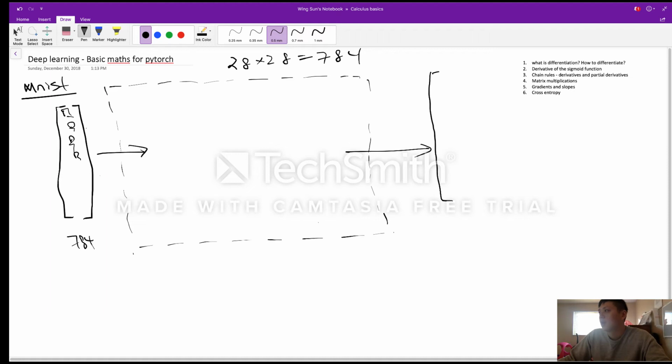So we all know what the output is, because how many classes are there? Well, there's 10. So you have 10 nodes for the output. The reason we have 784 as the input is because that's constrained for us.